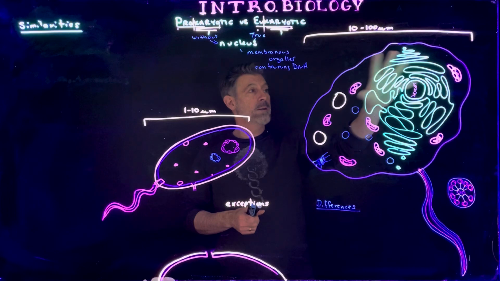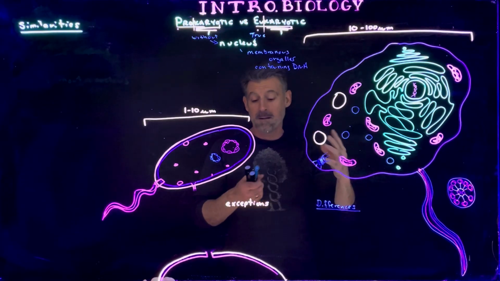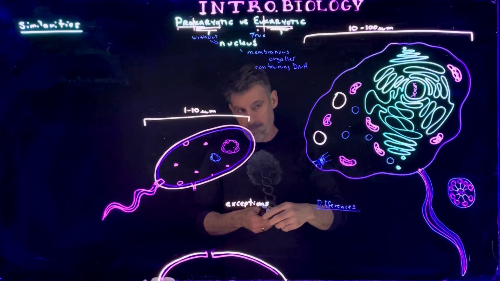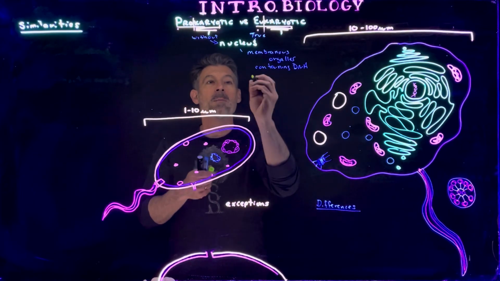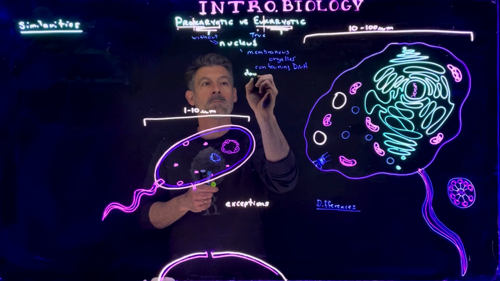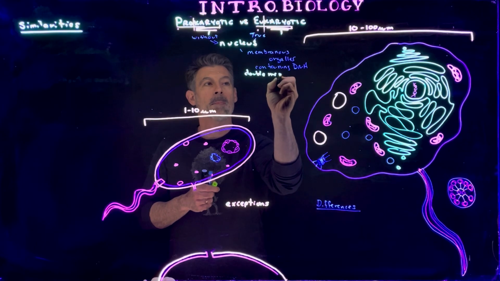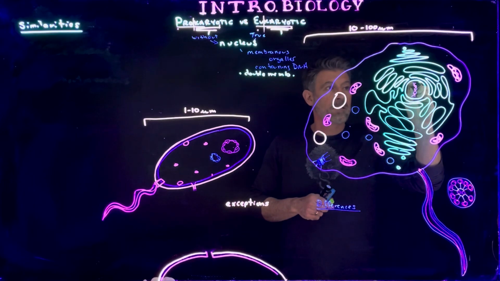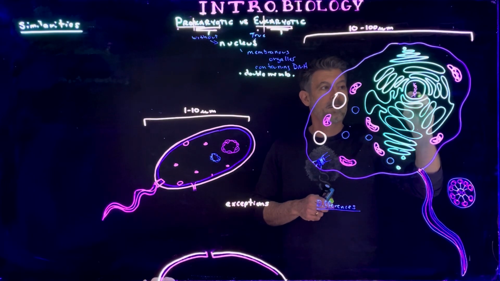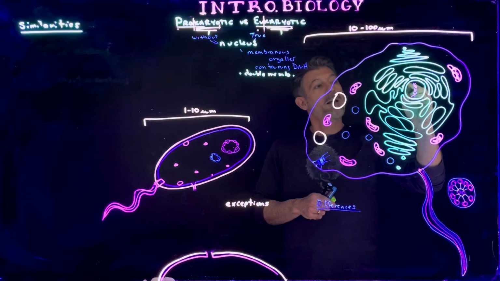Okay? So all these squiggles here are representing two things. The nucleus is actually a double membrane structure. Here, this solid circle is representing the inner nuclear membrane, and then you see the outer nuclear membrane is kind of these pieces here.